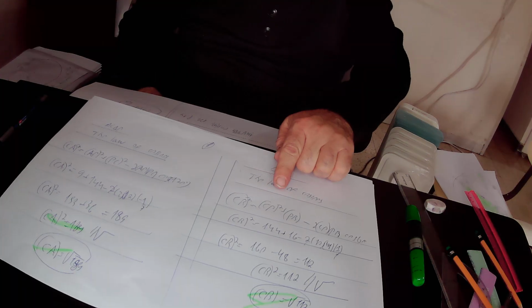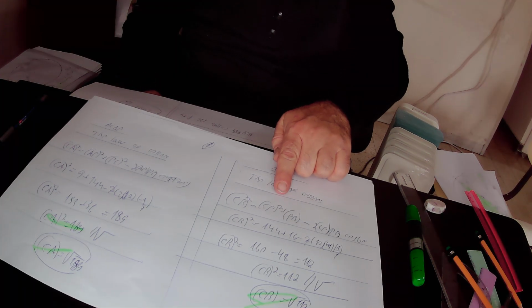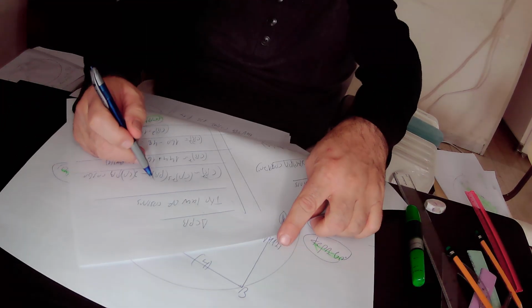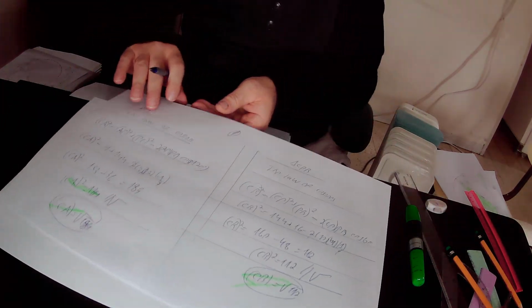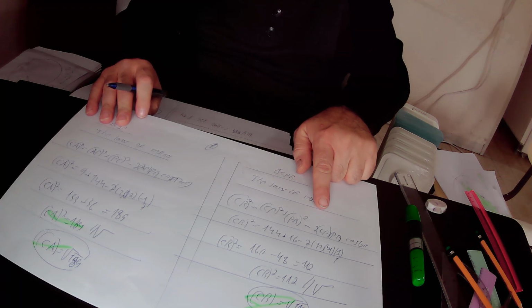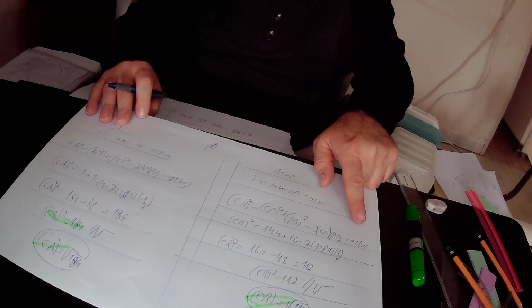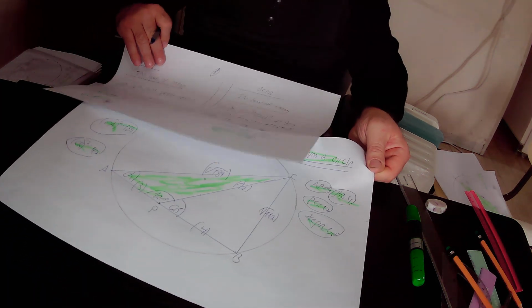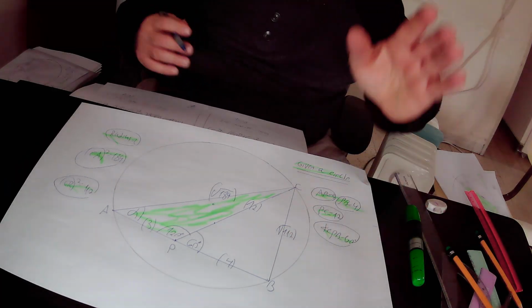Again, CB squared equals CP squared plus PB squared minus 2 times CP times PB times cosine 60 degrees. CB is the missing side, so we will solve for it.